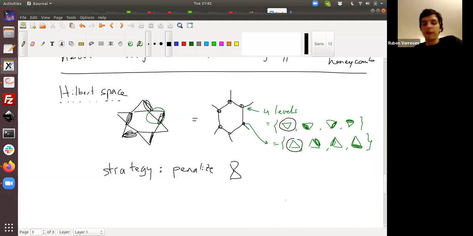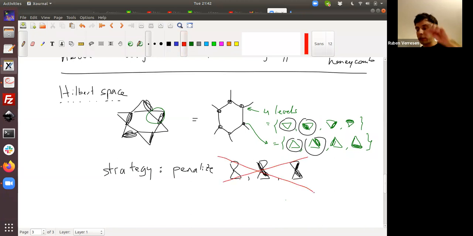Now, this doesn't satisfy the dimer constraint. Or I could have this one and this one, so that would look something like this, etc. All those guys are not dimers, meaning these don't satisfy the dimer constraint of having one and exactly one dimer per vertex of the kagome.